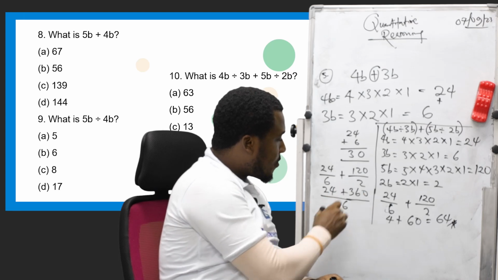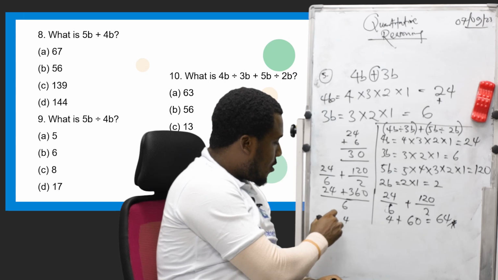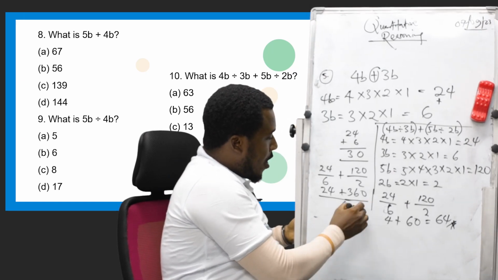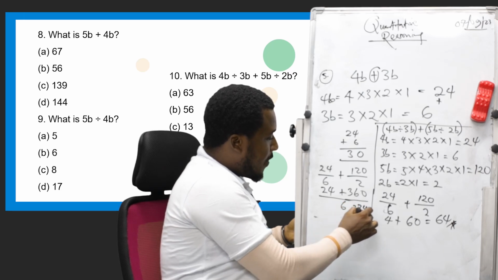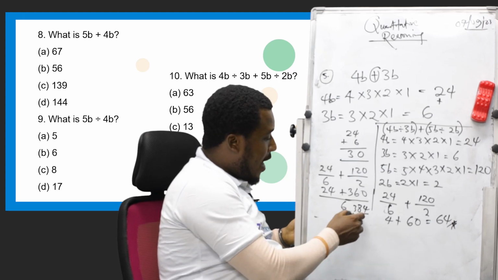Sorry, 360. And then when we add this, 24 plus 360 becomes 384 over 6.